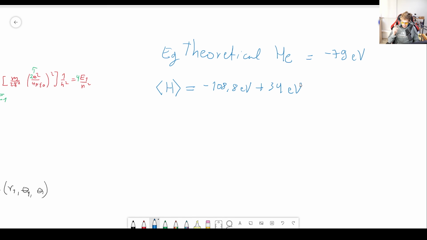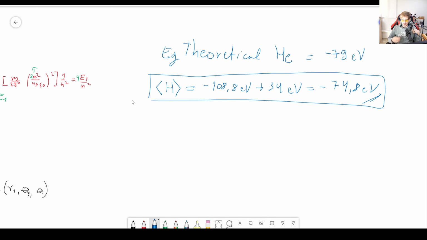So our estimate rather is minus 74.8 electron volts. So we definitely overestimated as it happens. But considering that our trial function was not really too refined, it wasn't anything too crazy, we still got pretty close.